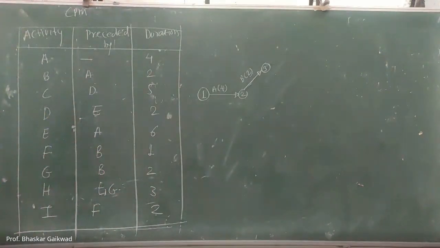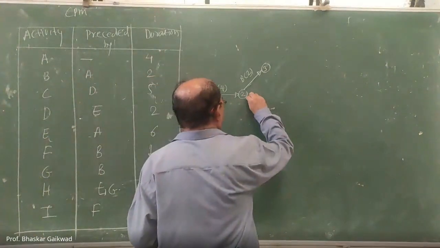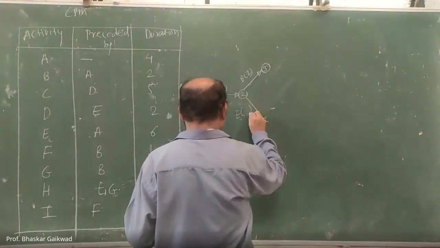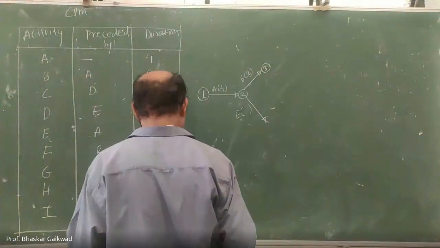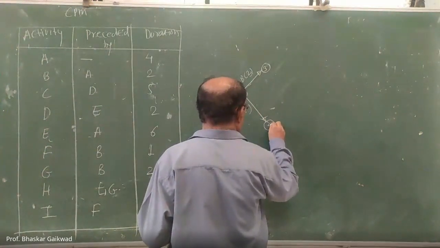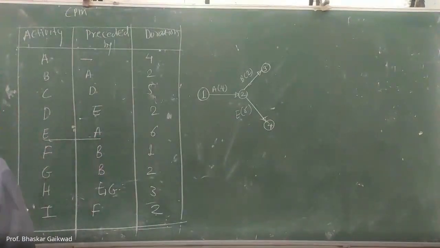D will start from E, and E will start from A. So here is A, and you can make E here. What is the duration of E? The duration of E is 6. So here is the 6 and node number 4. Now this is over. Okay.